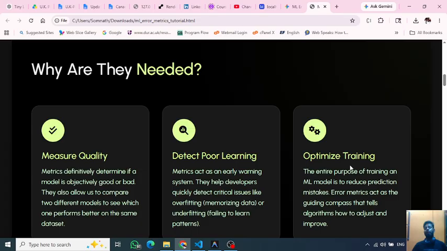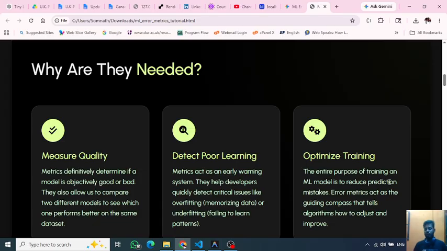Also, optimize training. Based on the metrics, you can reduce the prediction mistakes.